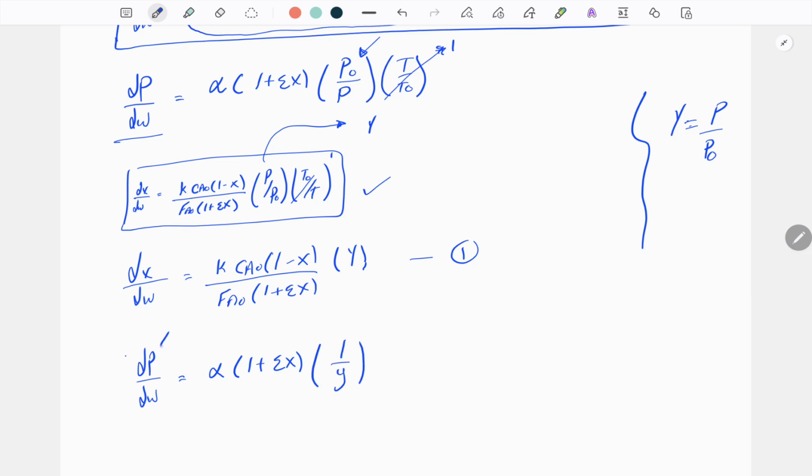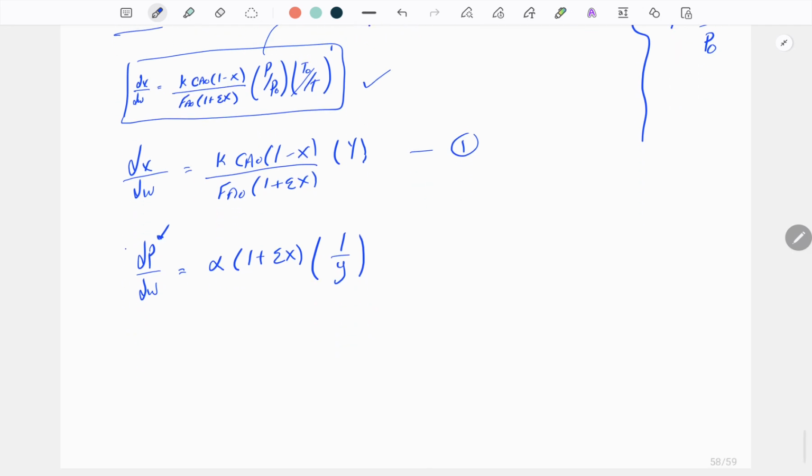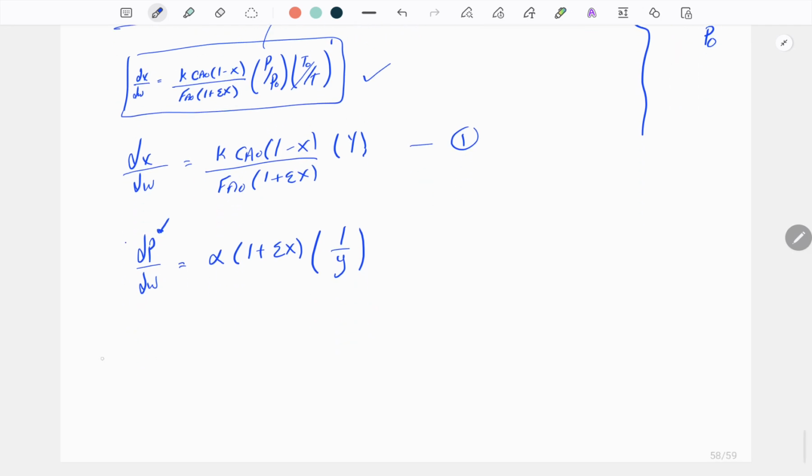You can change this also in terms of P. We'll multiply this by P naught over P naught, which is 1. Since P naught is a constant, it can go inside the differential, so it'll be P naught times the differential of P over P naught, which will be P naught times dy.